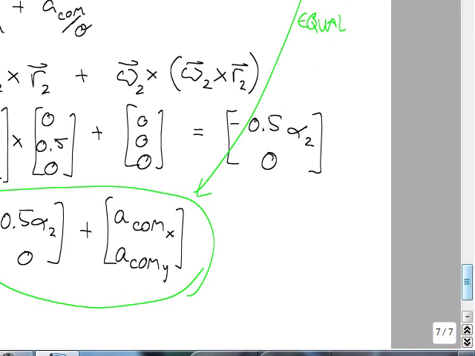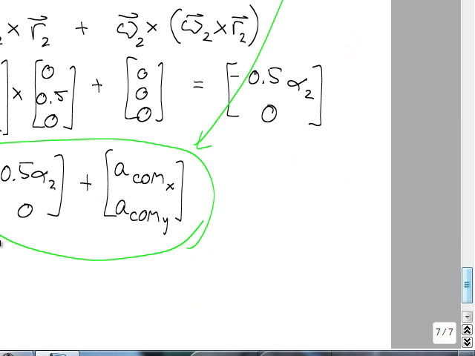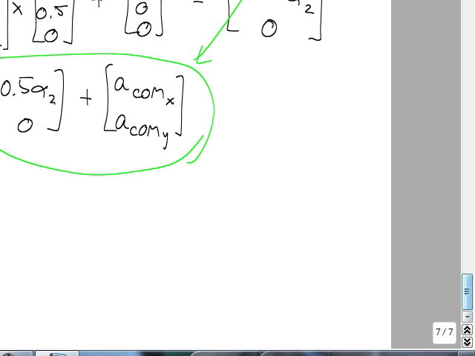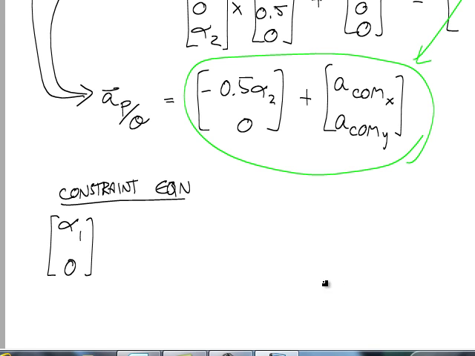So the constraint equation says alpha 1, 0 is equal to negative 0.5 alpha 2, 0 plus the acceleration of the center of mass, x and y.